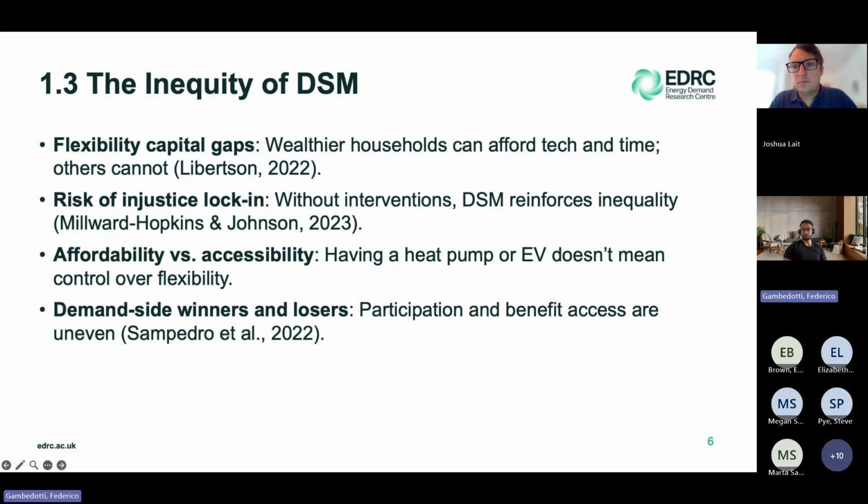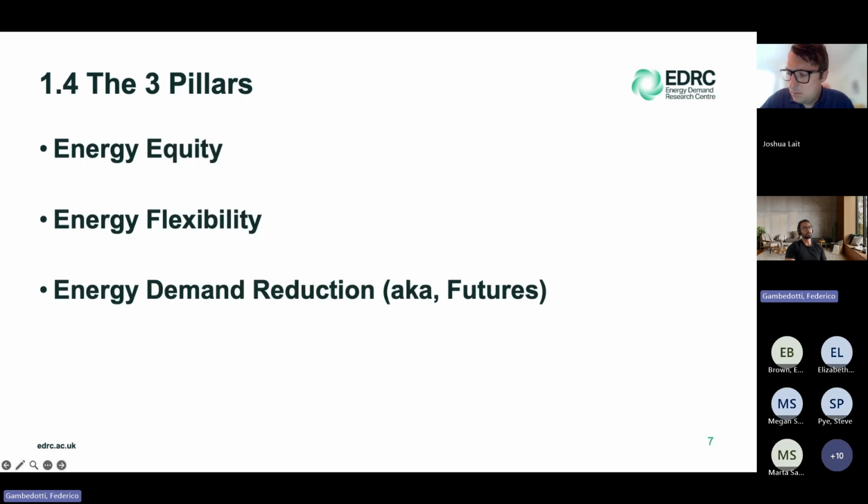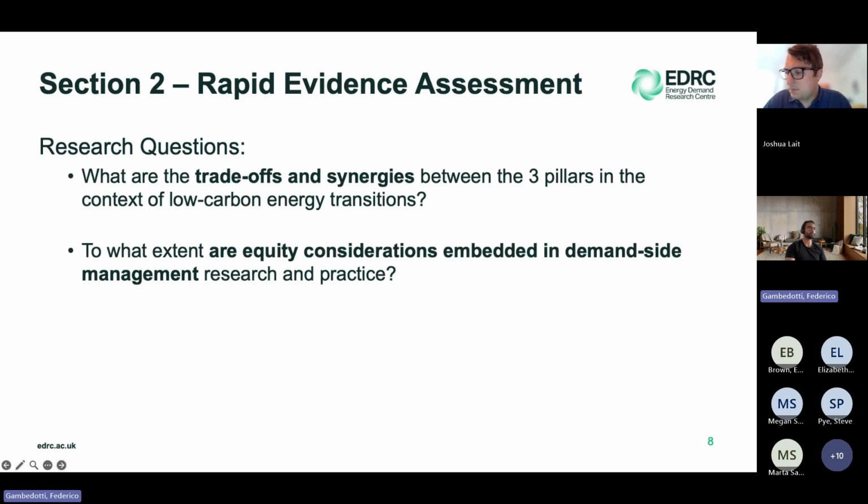And at the same time, when you talk about energy demand reduction, there might be some insulation or upgrades in your home that you can do to reduce your consumption that not everybody has access to. So the question of my PhD is, how do we look at equity, flexibility, and energy demand reduction together as we face the energy transition?